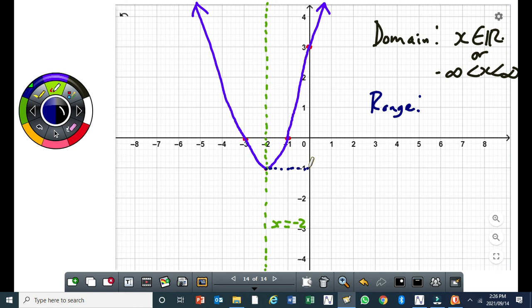So we can write this as y is an element of real numbers, but y is greater than or equal to -1. You can also write this using the brackets. You can write as y is an element. Now, since we are including -1, we put a square bracket, and then we put plus infinity, and then we put a circular bracket. That's another notation.